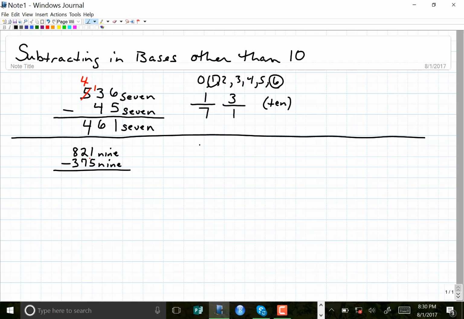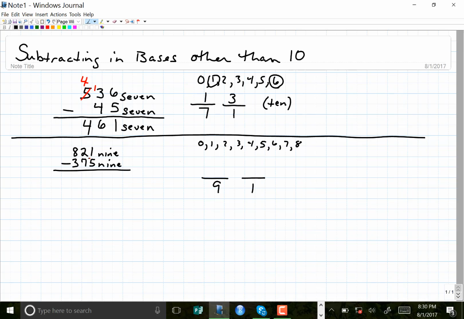Again, remember base 9, we have 0, 1, 2, 3, 4, 5, 6, 7, and 8 as our possible numbers. And our 2-digit numbers have a 9's position and a 1's position.